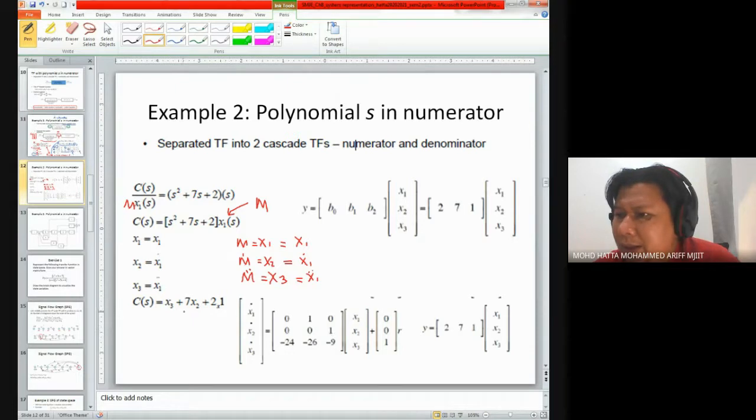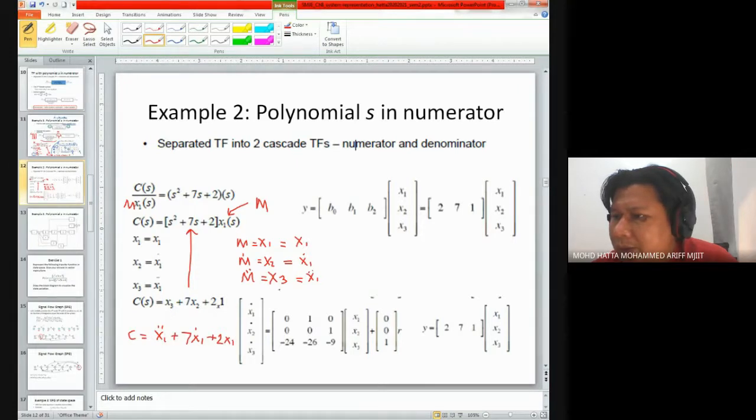All right, by using this definition, we substitute it into our equation that we have over here. If you expand this equation, you will have c equals x1 double dot plus 7 x1 dot plus 2 x1.